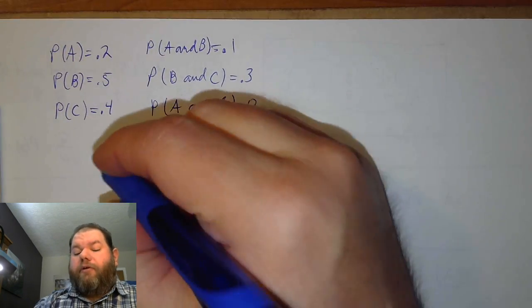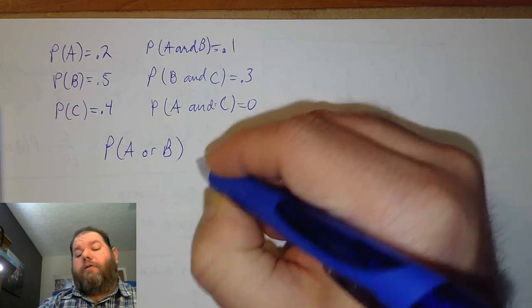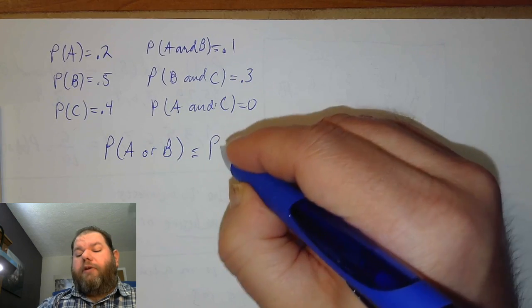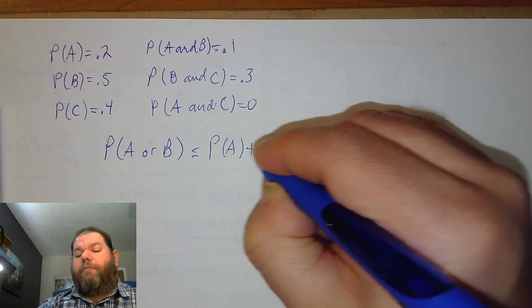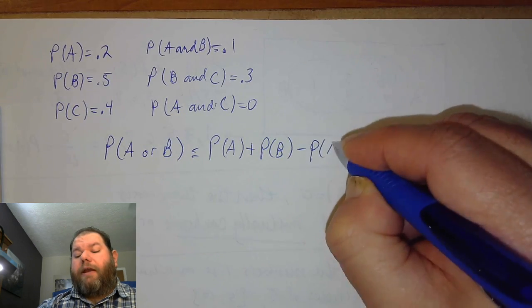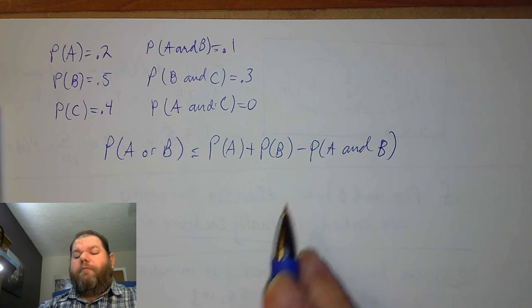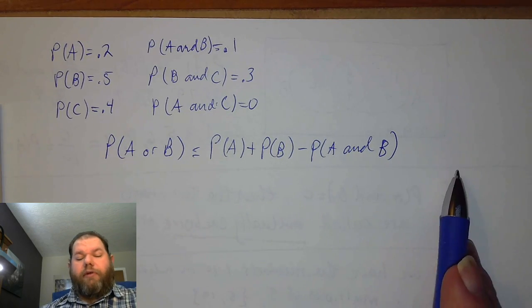Alright, so if we wanted the probability of A or B, we know we would take probability of A plus probability of B minus probability of A and B. And again, that's just our addition rule right there.